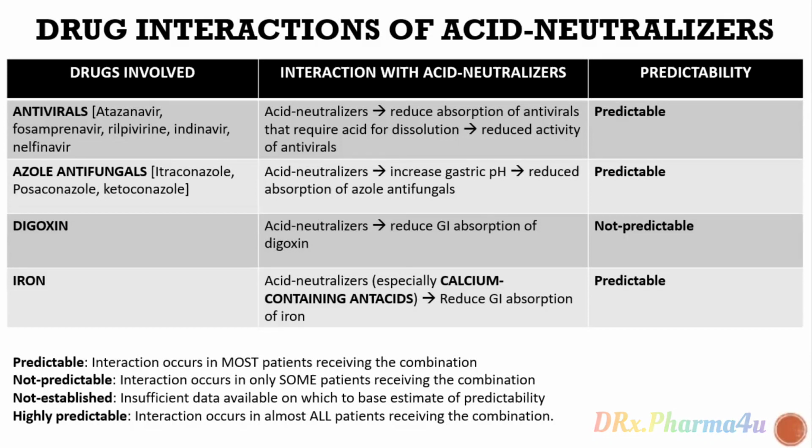If you are talking about parenteral medications, then they do not have direct contact with the gastric media. So we are here talking about only those medicines which are given orally with acid neutralizers, which are also given orally. So if calcium-containing antacids are given with iron, they reduce the GI absorption of iron, which is a predictable interaction.